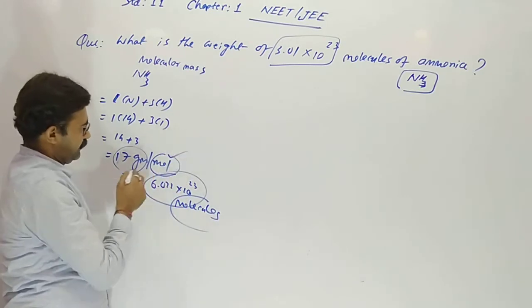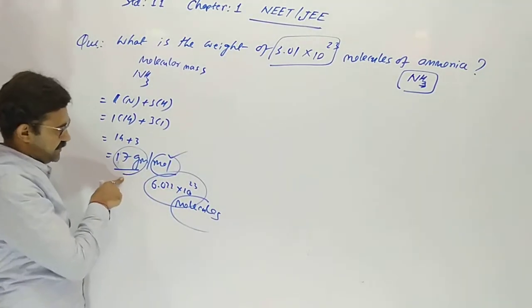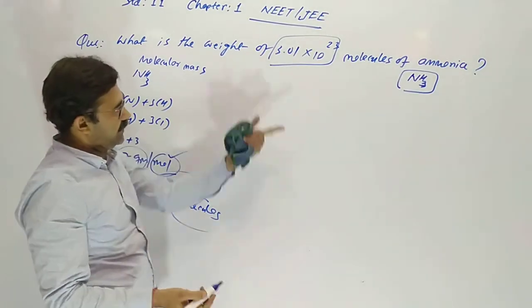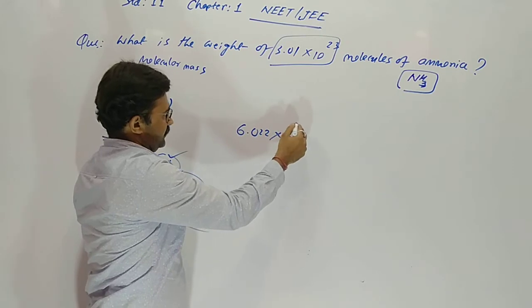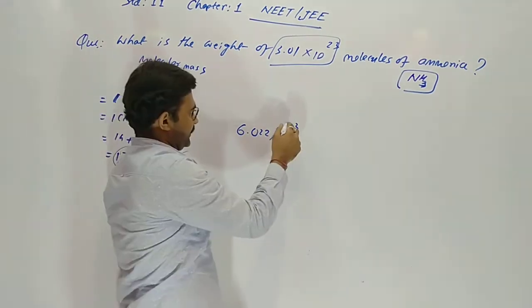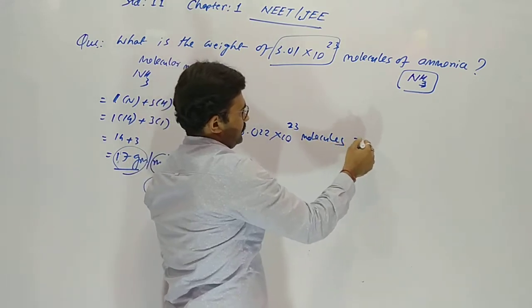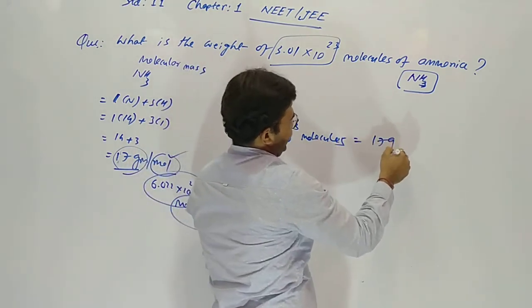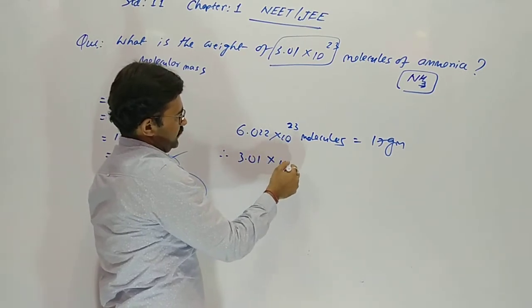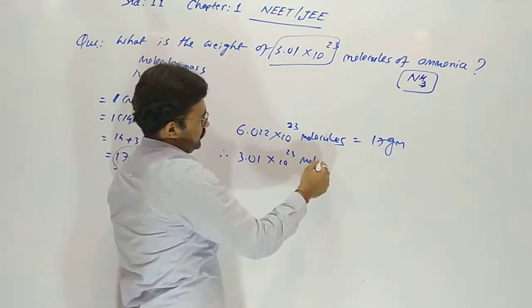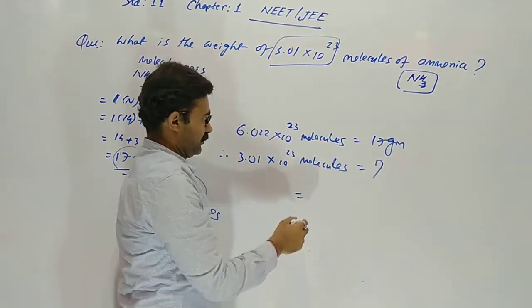The mass of 1 mole ammonia is 17 gram. So this many molecules have 17 gram. So 6.022 10 raised to 23 molecules equal to 17 gram. Therefore 3.01 10 raised to 23 molecules of ammonia equal to how much?